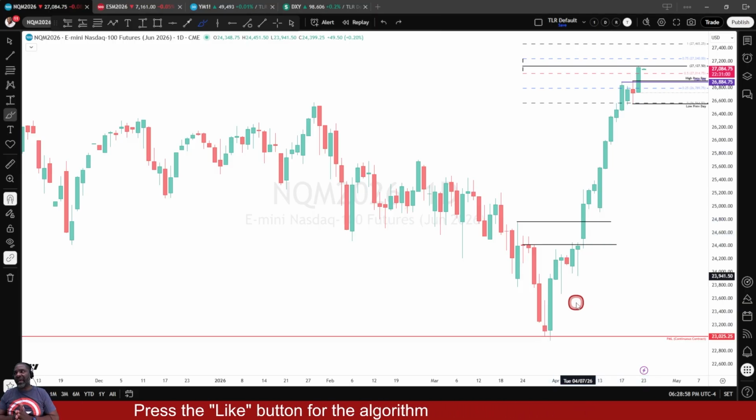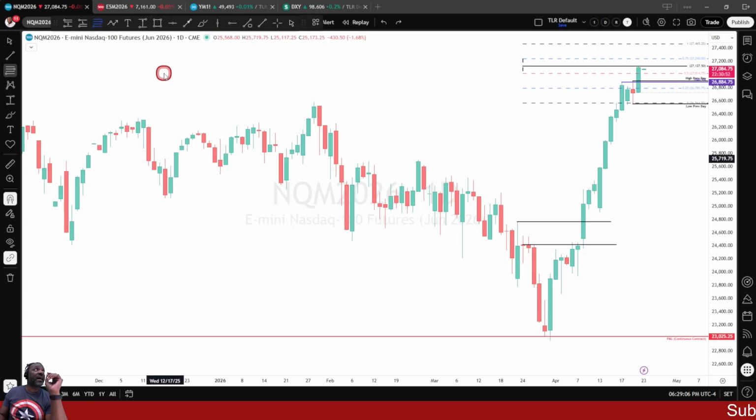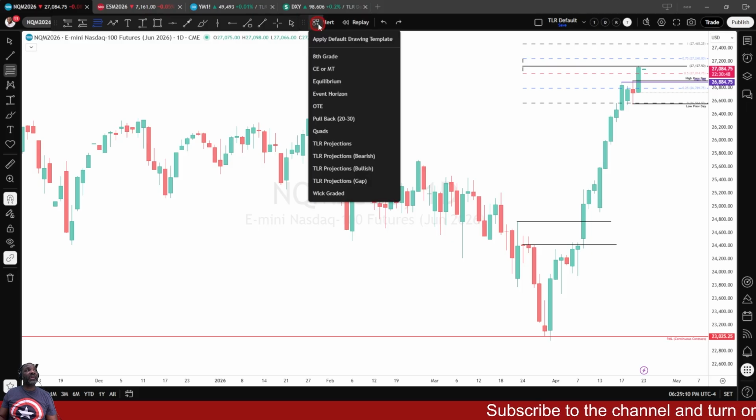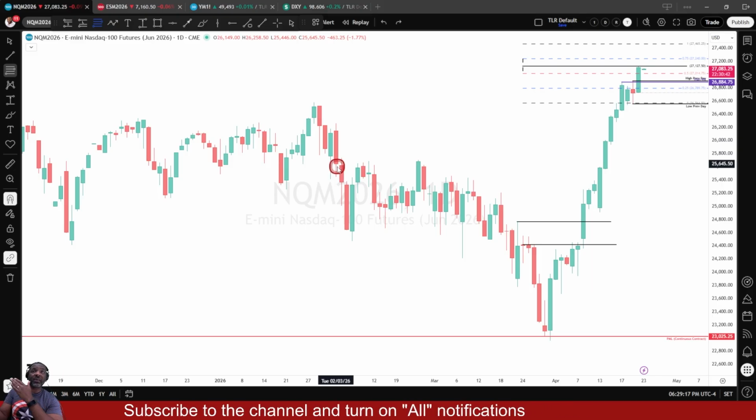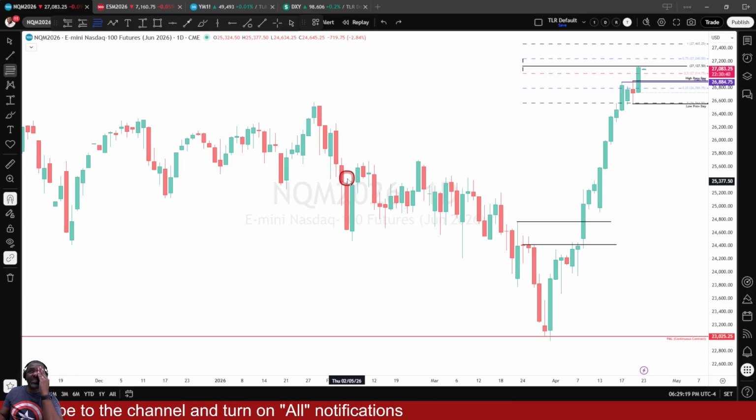So once you get that, be it all-time highs or just anything, now you can take your Fibonacci tool and go in and set it for projections. The way I set it, since it's a market maker buy model, we're looking at bullish projections.